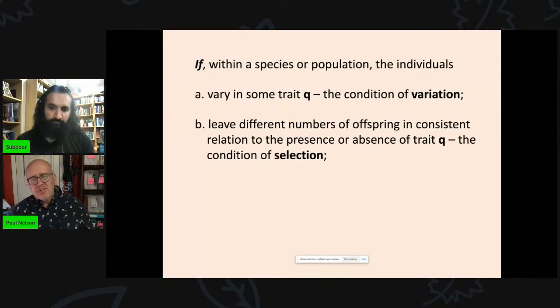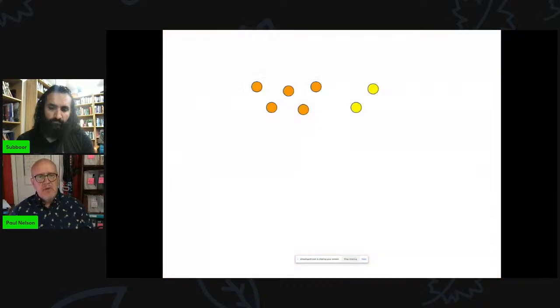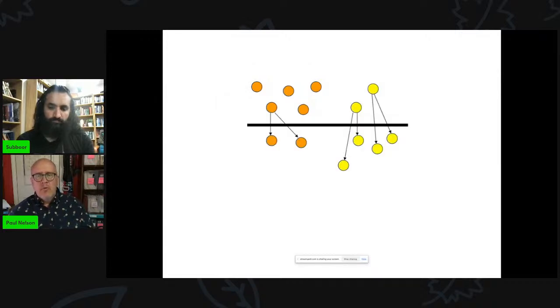That variation needs to make a difference to the number of offspring that you leave in a consistent way. Let's call that the condition of selection. So here, let's say, is a single-celled eukaryotic organism reproducing by binary fission, and we introduce a selective condition, the black bar.